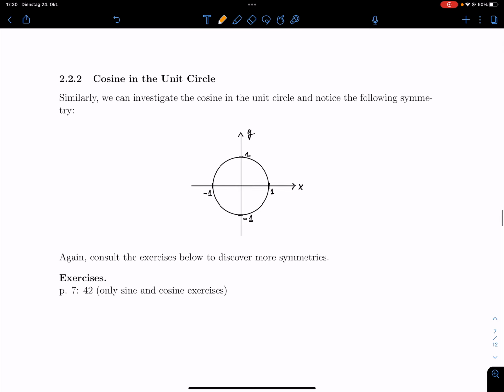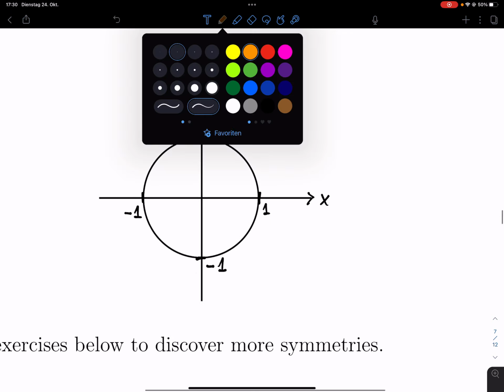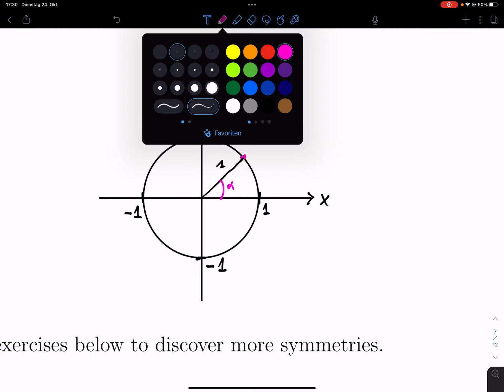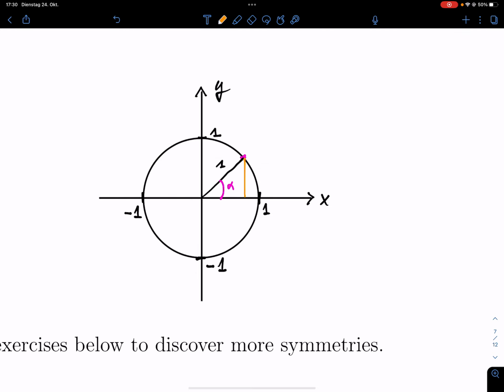Same thing with cosine. Here you just do the same construction, but you focus on the cosine. So again, here is our construction with alpha, and this time I will just focus on the cosine. So yes, here you have the orange sine, but we'll focus this time on the cosine. Here again, try to think about where is the second cosine value that is the same and what is the angle.